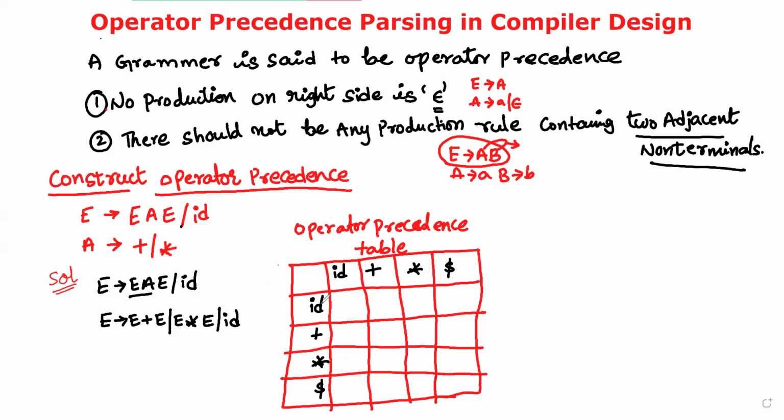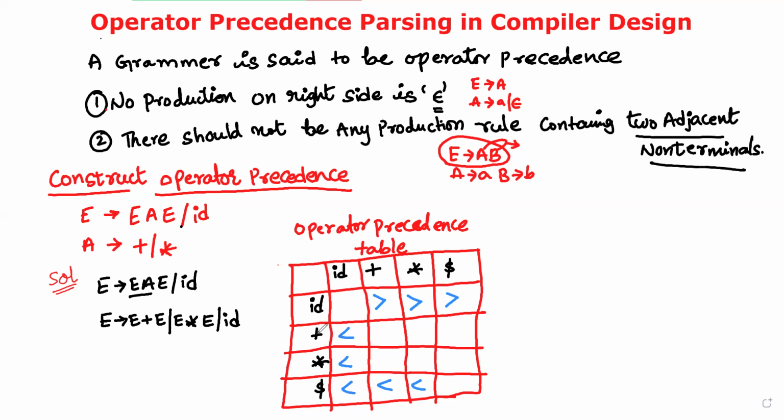But identifier is always greater than plus, so I compare identifier with plus: identifier is greater than star, identifier is greater than dollar. This is the basic terminology: identifier is greater than plus, star, dollar. But dollar is less than identifier, plus, star. Next, plus is less than identifier, and star is less than identifier.